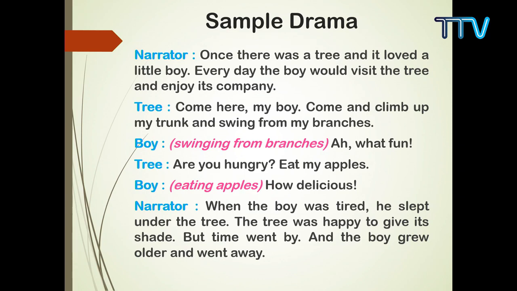When you actually enact it, the tree sounds a little different from the boy. Now for the boy, what you see in the pink portion, swinging from branches, I have written in italic. It's in brackets also, because this is a stage direction. When this is performed on stage, this is the direction: the boy should be swinging from the branches when he delivers his dialogue. This is not something the boy has to speak out or read.